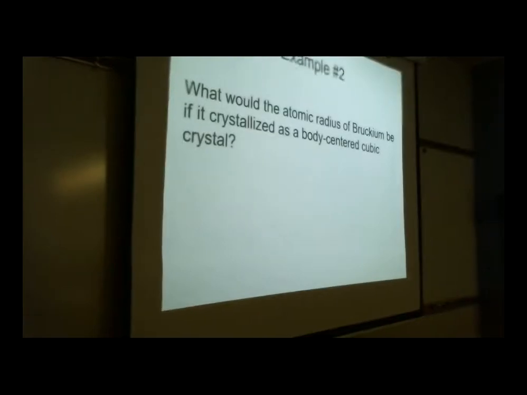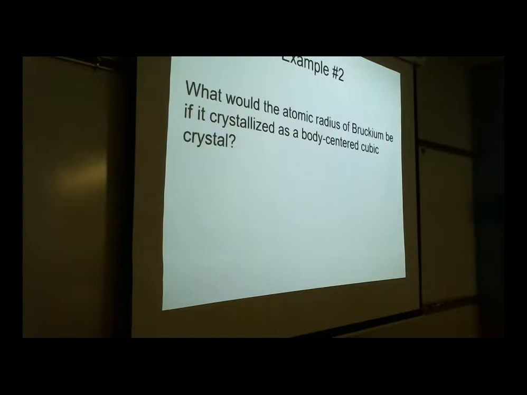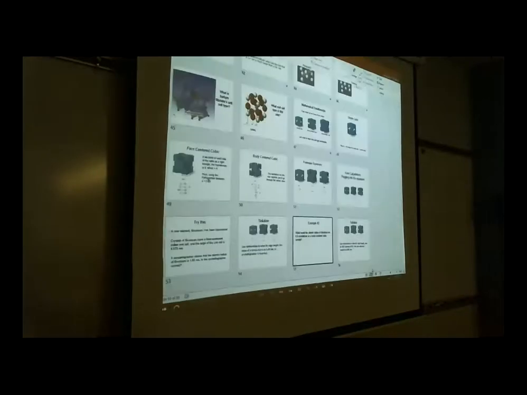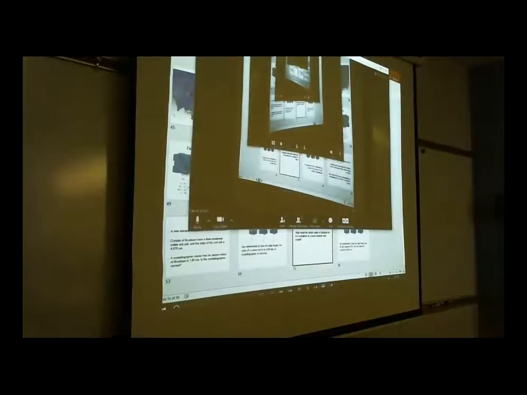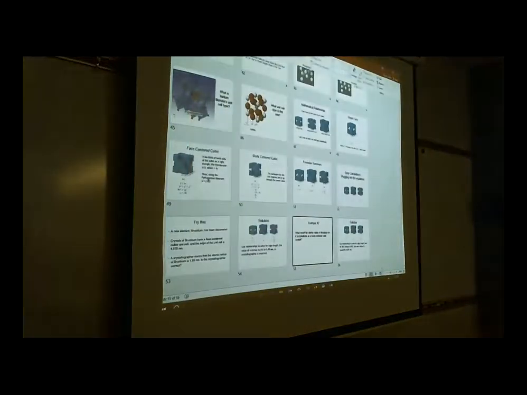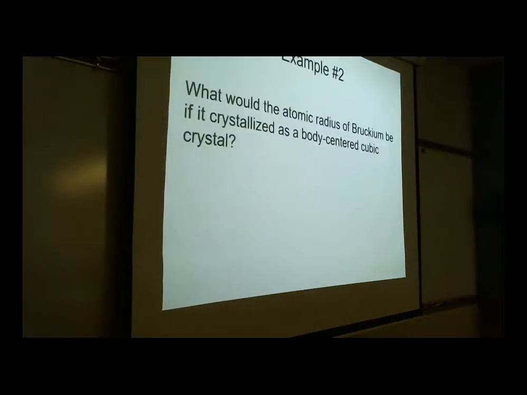All right. Answer this. Would the radius of brachium be different if it crystallized in body-centered cubic? And if so, what would it be? Try that one. Let's see what we got. Would the radius change if it were body-centered instead of face-centered?